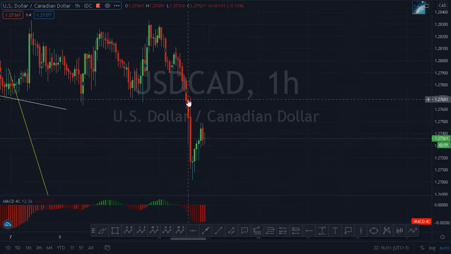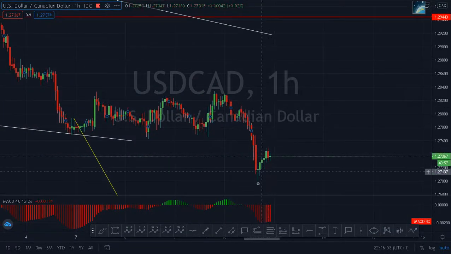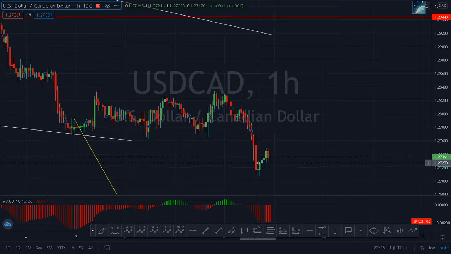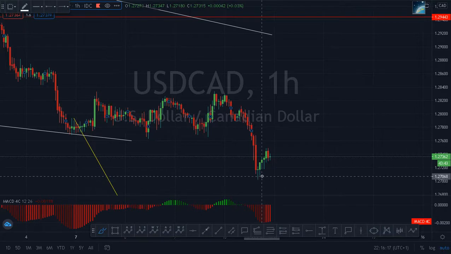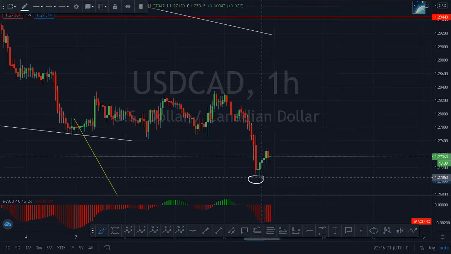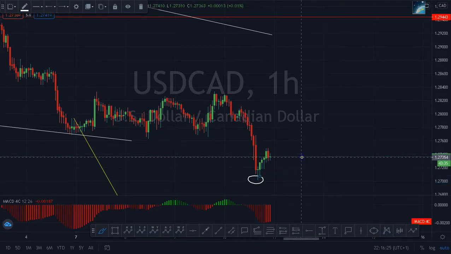The only difference on 1 hour is that this candle looks like a hammer. It looks like a hammer. This candle looks like a trend change candle.